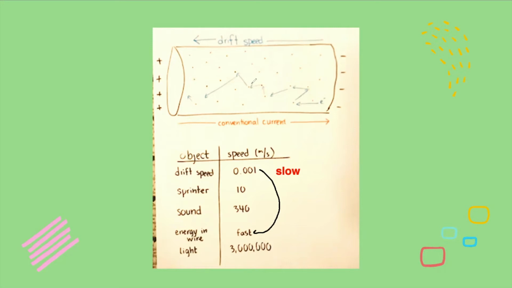So when we label current, I'm going to ask you to label it in one of two ways. I could ask you to label it in the direction that the charges are actually flowing. In this case, the charges are actually flowing to the left, away from the negative terminal, towards the positive terminal.